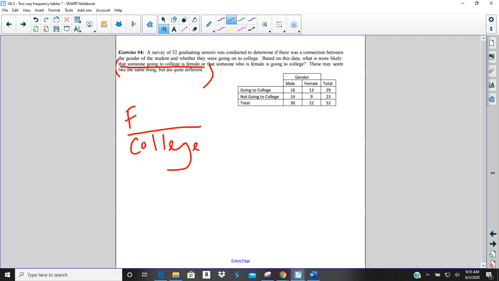The way we say it in probability is an upside down U, which means and: female and college. Okay, so I'm going to do that math right now. The probability of going to college is 29, and the probability of female and going to college is 13. I want to do the math real quick because I'm sure I'm going to need to know which number is bigger, and that's going to be 0.448.